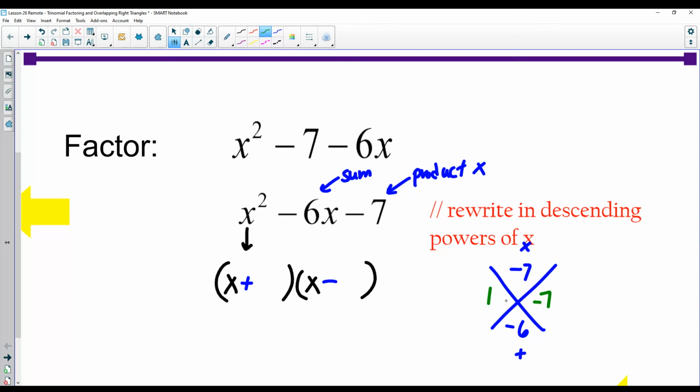Take a look at those green numbers, 1 and negative 7. If you go up, you multiply, you get negative 7. If you go down and add them, you get a negative 6. So that one does work. My two numbers that are going to go in my parentheses are a positive 1 and a negative 7.